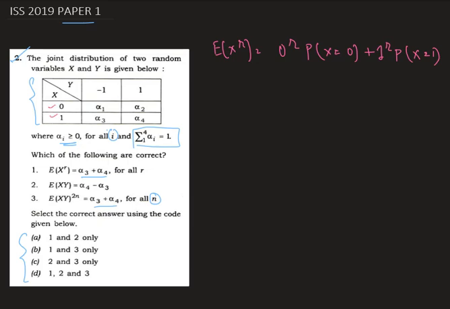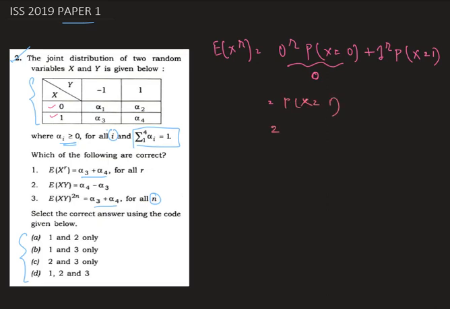Now the first portion results in 0 as this is a multiplication with 0, and the second results in probability of x equals 1.